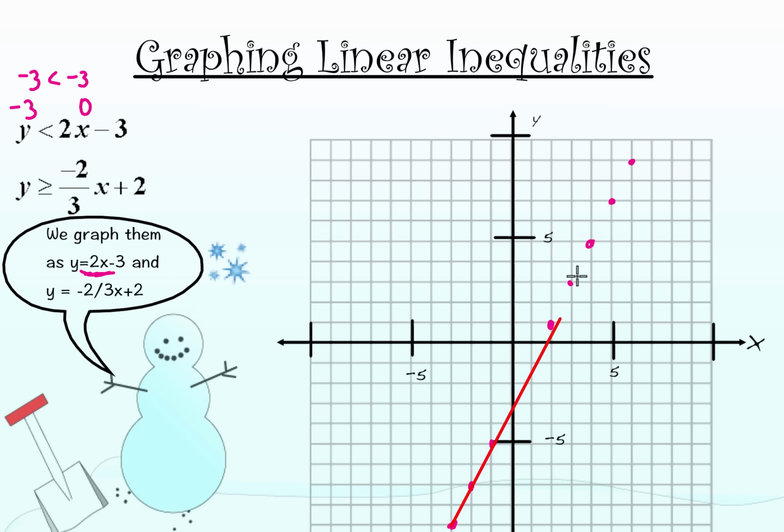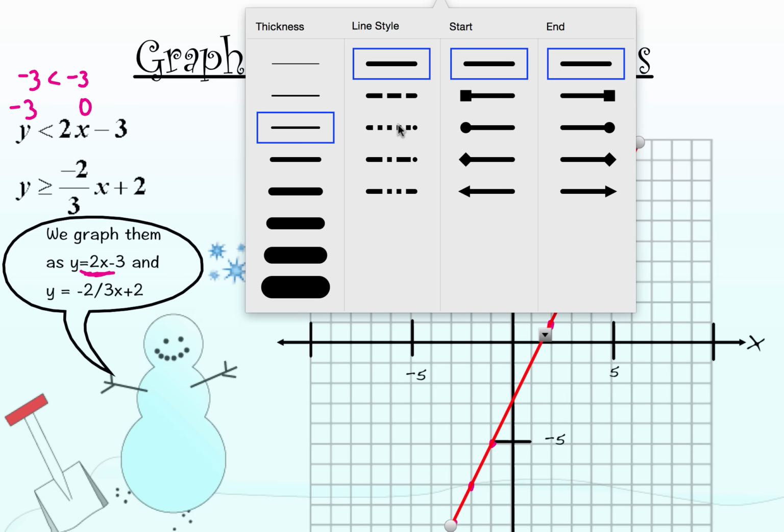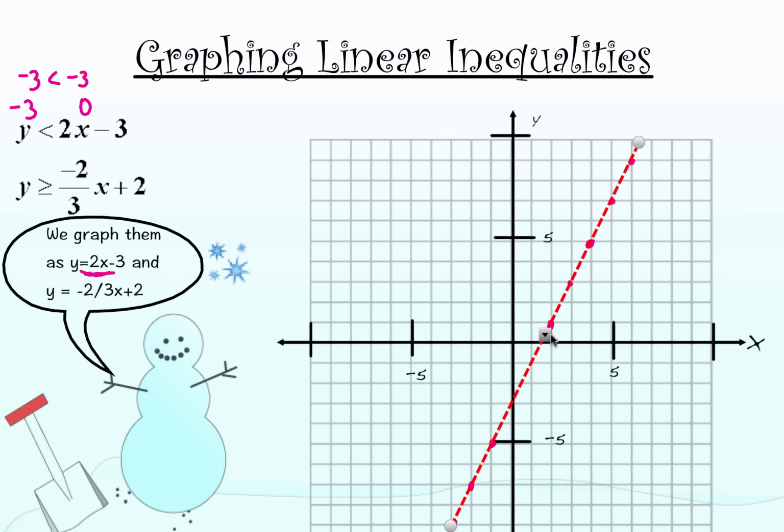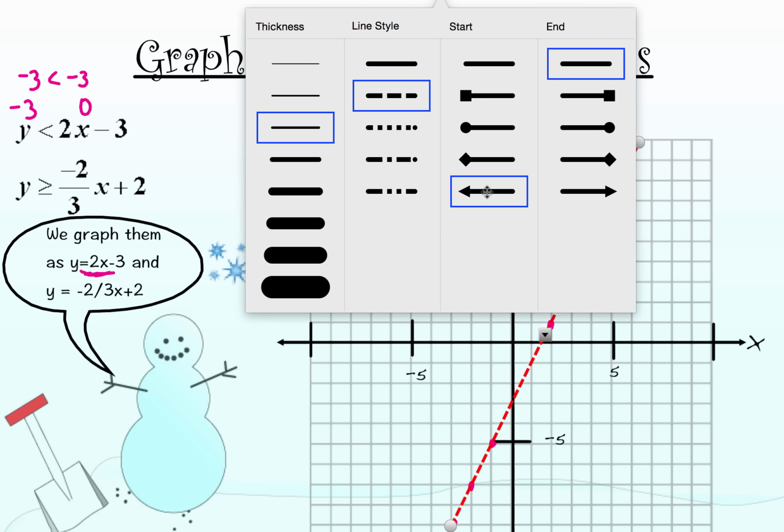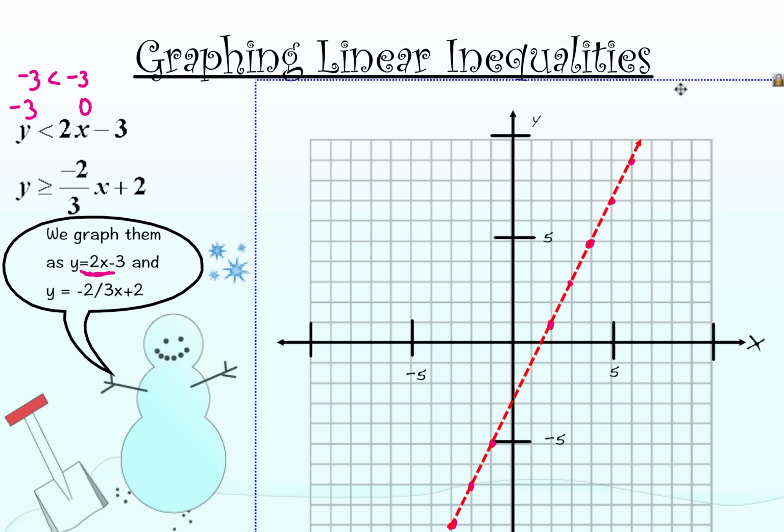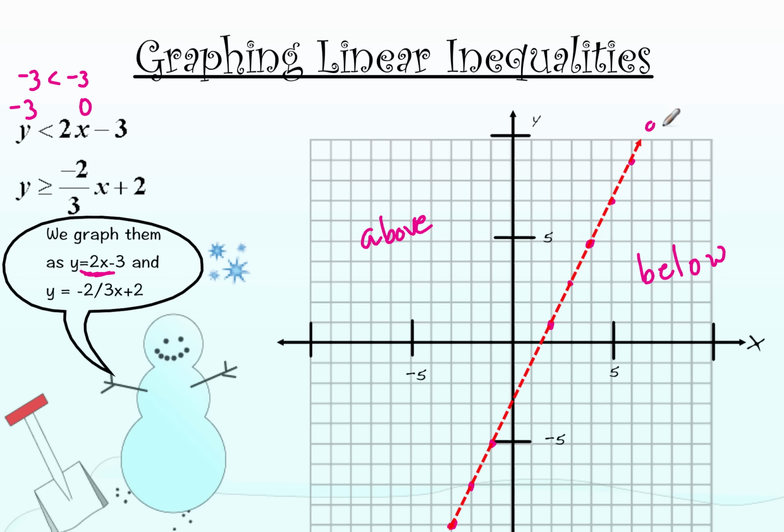So I'm going to go through this again, but through the wonders, I can take this now and I turned it into a dashed or dotted line, whatever you want to call it. See, this is now forming a boundary. It's breaking my coordinate plane into two sections. And the two sections are those above this line, those below this line, and those on the line or equal to. So maybe you see the next part that we're going to have to do.